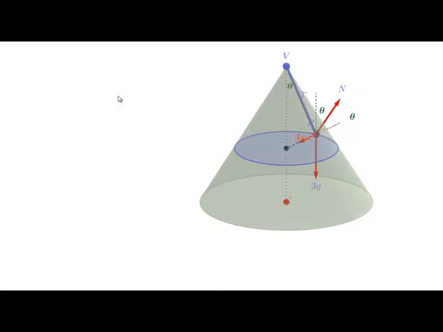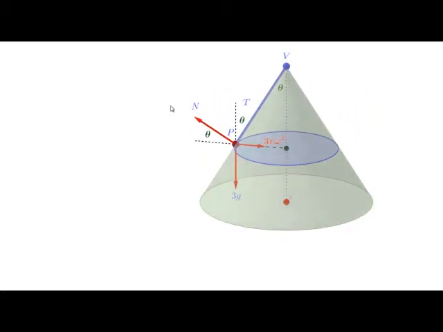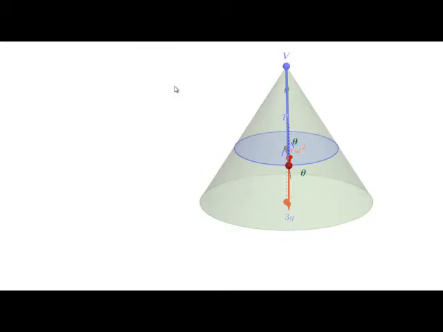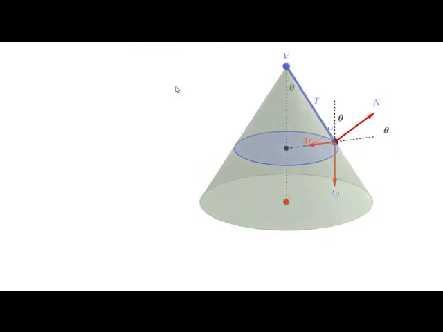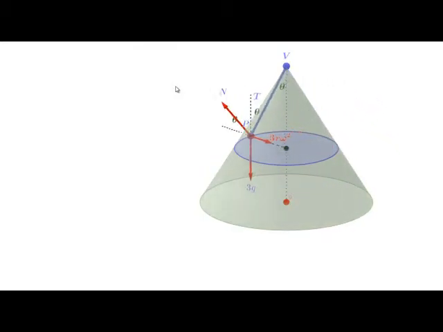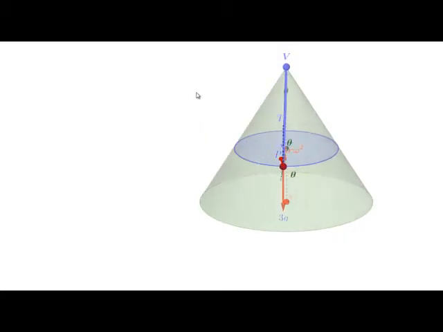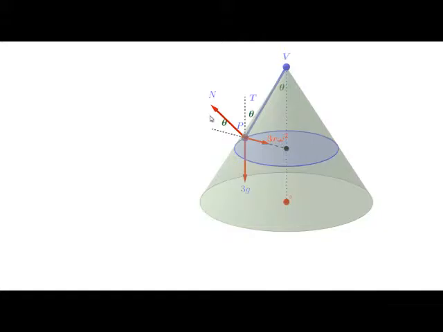But the other two forces have vertical and horizontal components. So we're going to have to derive these expressions for the normal and the tension. Oops, let's see if I can stop it. It's getting faster.